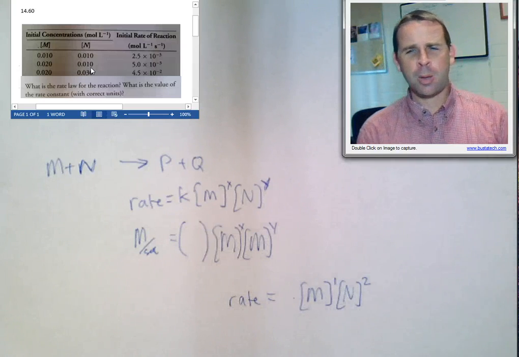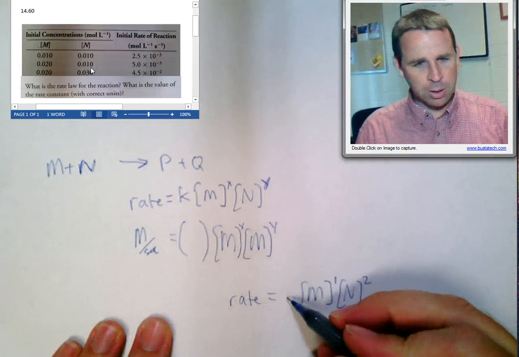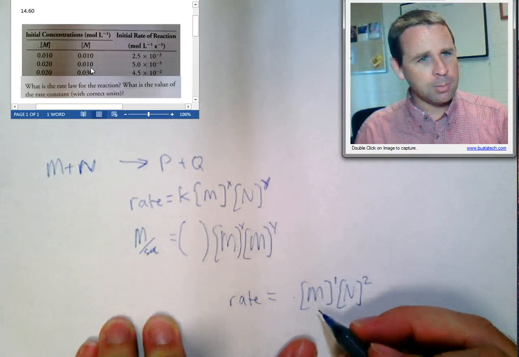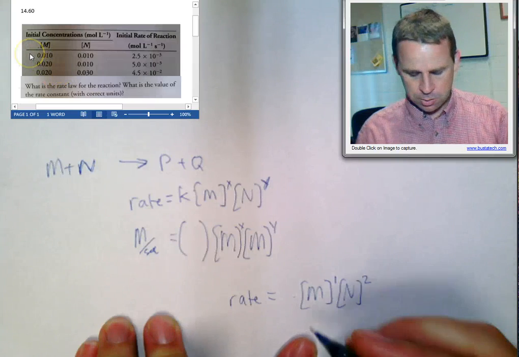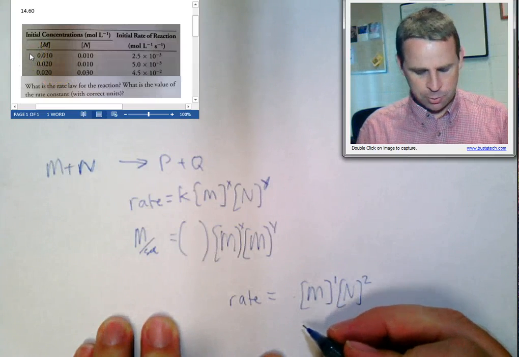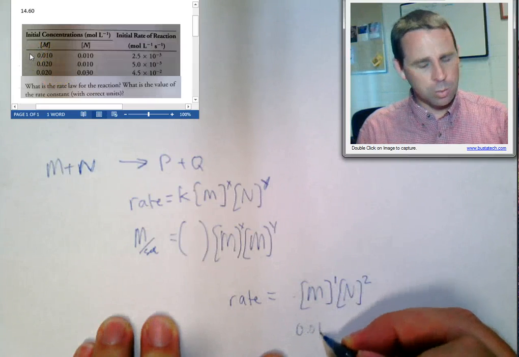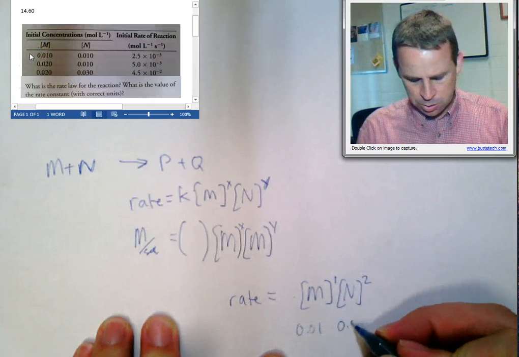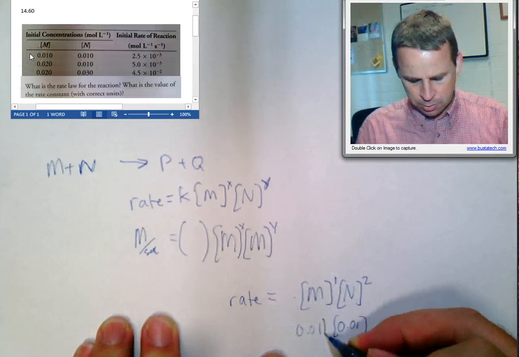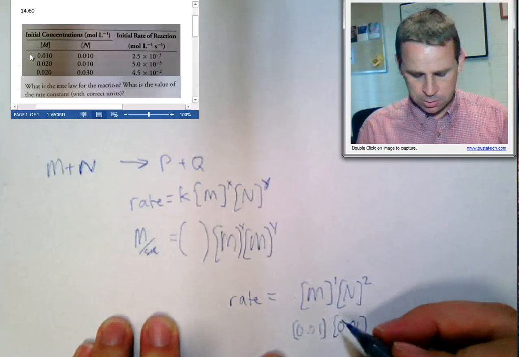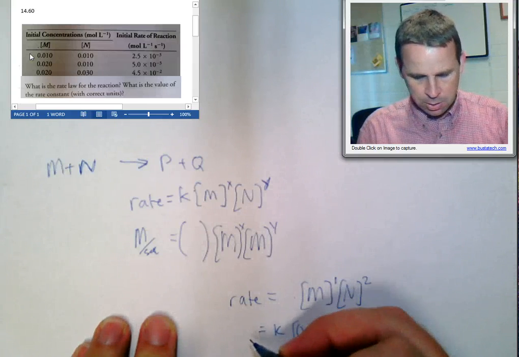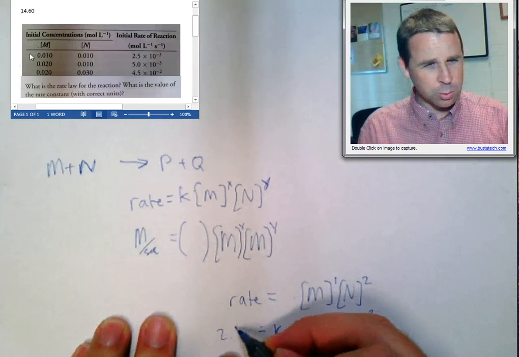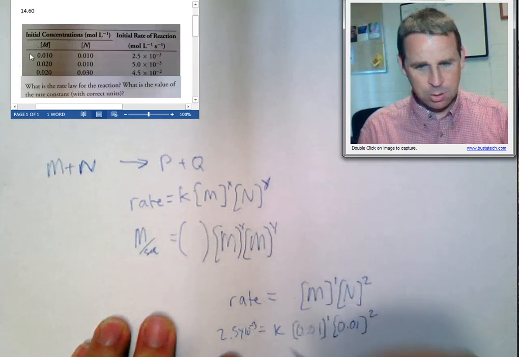All right. Now I'm in a position where I can identify what K is. I take any one of these 3 experiments here. I'll use the first one. The concentration of M for the first one, 0.01, and I'll use 0.01, that's the concentration of N in the first experiment up there, squared. There's going to be a K value, and the rate in this scenario is 2.5 times 10 to the minus 3.